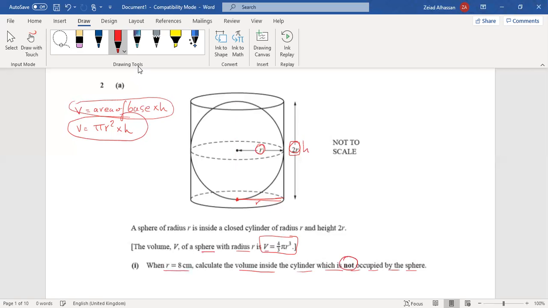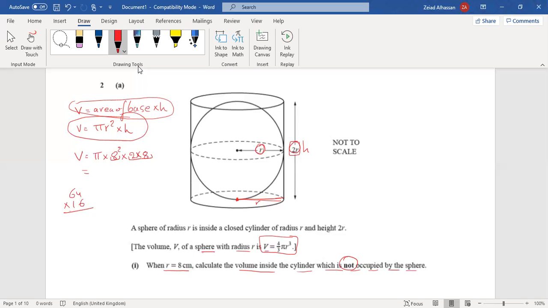If I use this rule, I will calculate the volume of the whole cylinder, whether there is a sphere or not. That is pi times radius squared, 8 squared, times the height, which is 2 times 8. So 64 times 16, since 2 times 8 is 16 and 8 squared is 64.